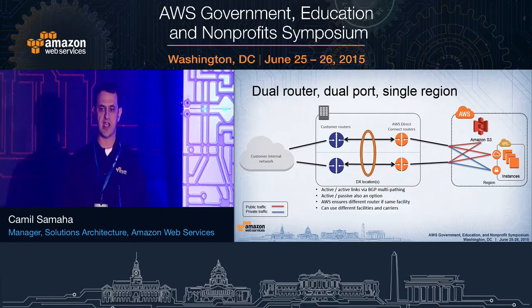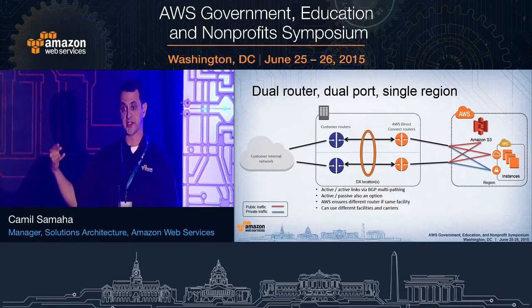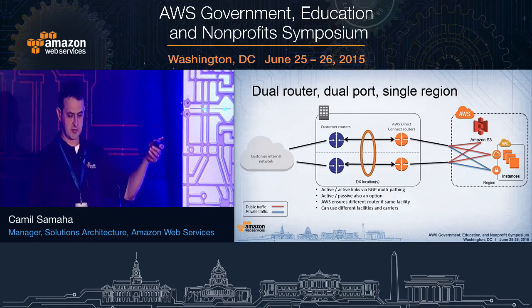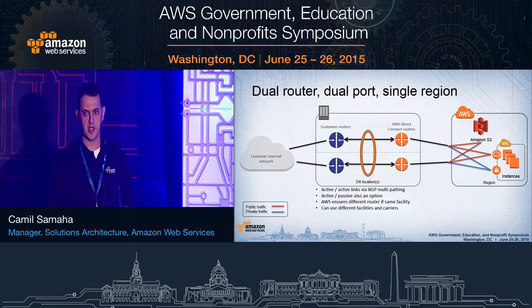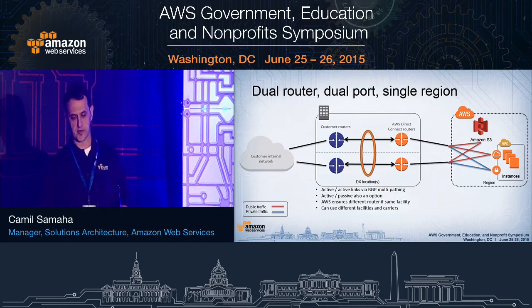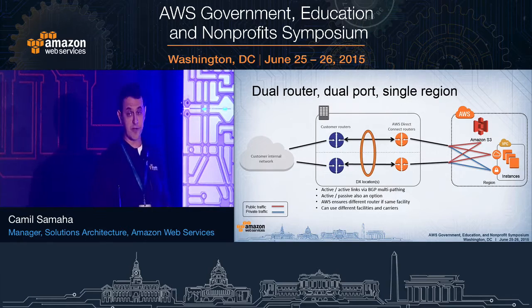So you still have the high availability on our side as well. So you've got dual on your side, and we make sure that we have a dual configuration on our side, and we have redundancy. Now you can set up this configuration in active-active mode in BGP multipath.